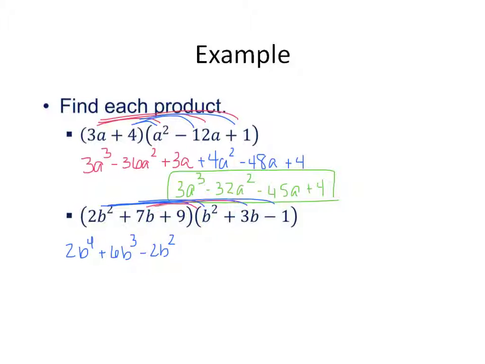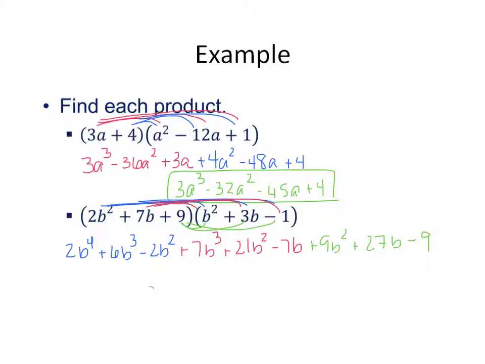Then we're going to distribute the 7b, so it's plus 7b cubed plus 21b squared minus 7b. Then we distribute the 9, so it's plus 9b squared plus 27b minus 9. From here we just want to combine like terms.